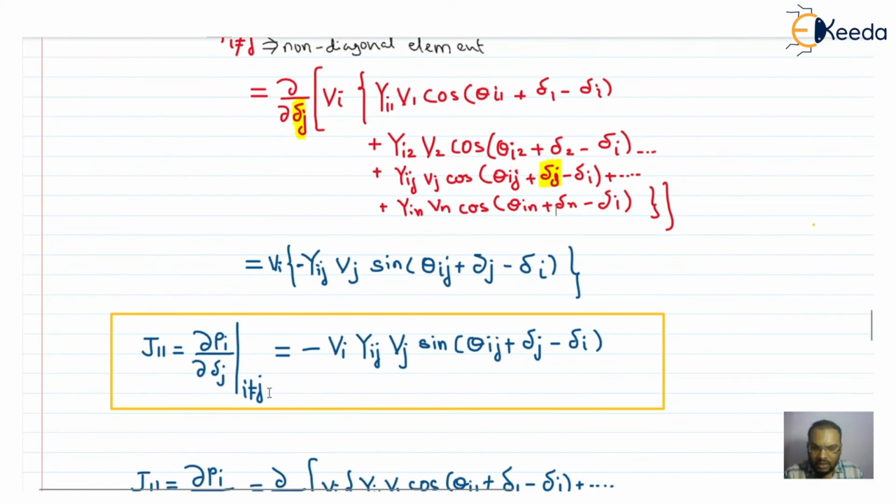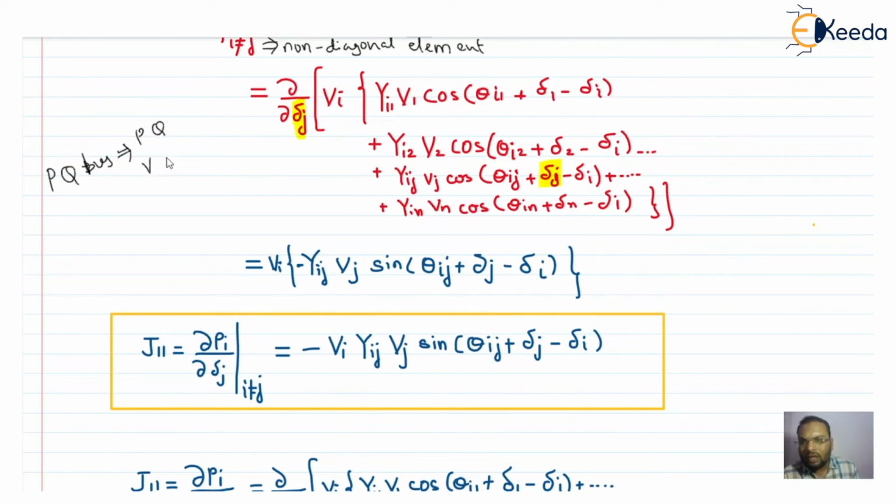When i is not equal to j, this indicates the off diagonal terms. So we can evaluate the off diagonal terms with the help of this equation. What is the equation we have now? Minus Vi Yij Vj sine of theta ij plus delta j minus delta i. These terms will be given to us. Or else, if it is a PQ bus, P and Q are known.